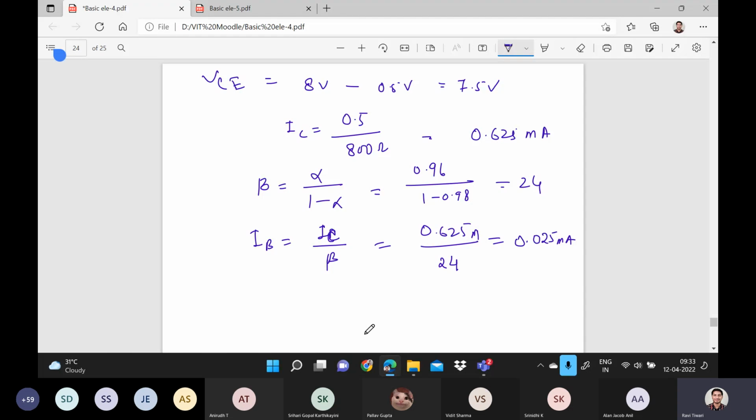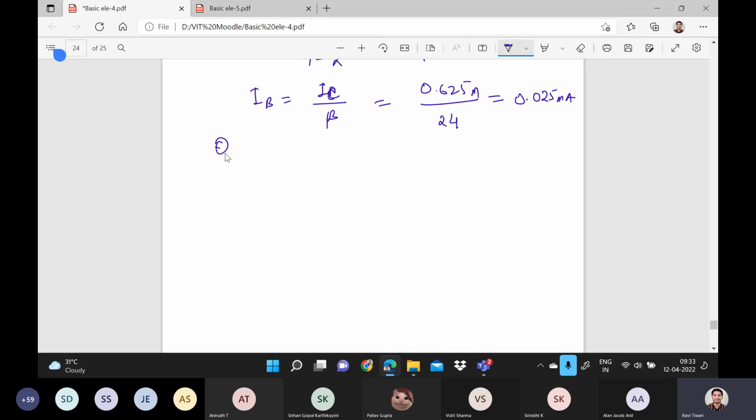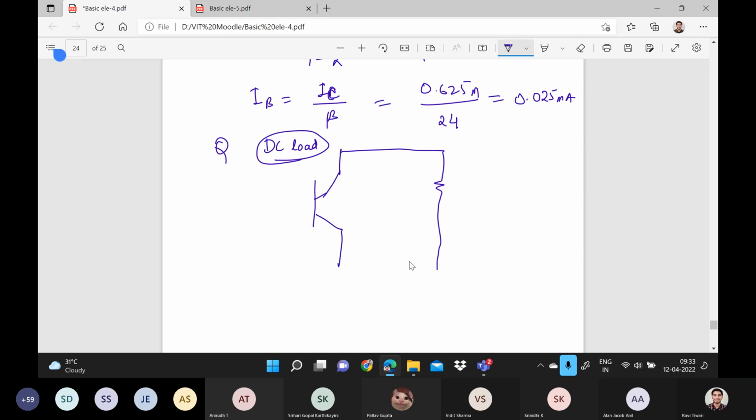Okay, now the next question will be based on the DC load line. We have already seen the theory. So, for example, they gave one diagram, and you have to draw the DC load line. The question is based on the DC load line. 12.5 volts is the supply voltage, and for example, this is VBB.